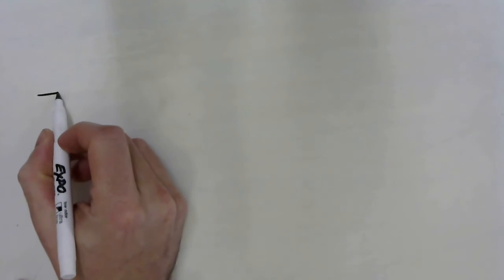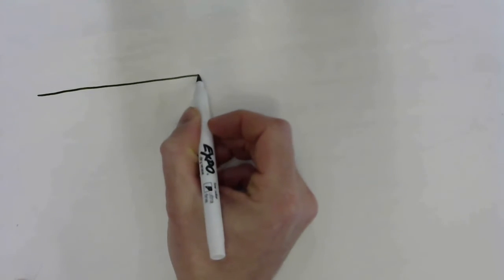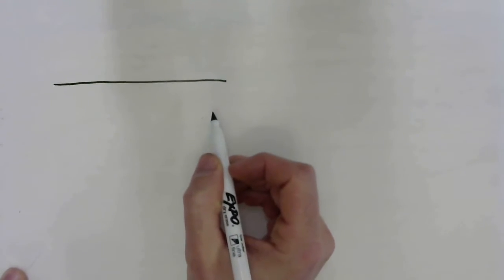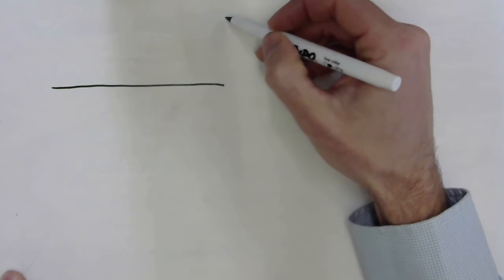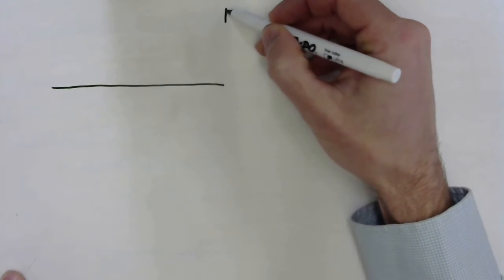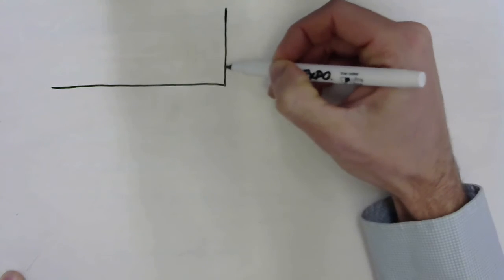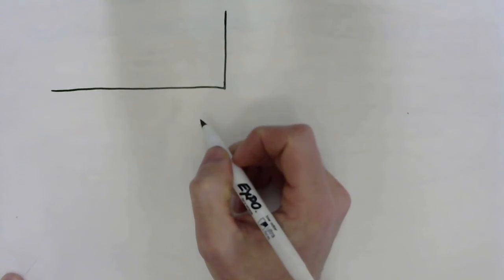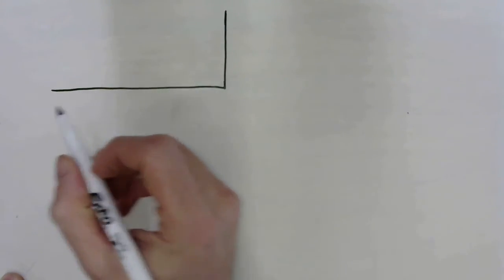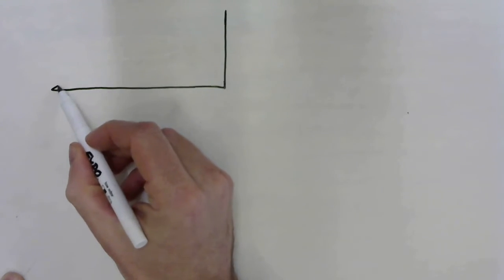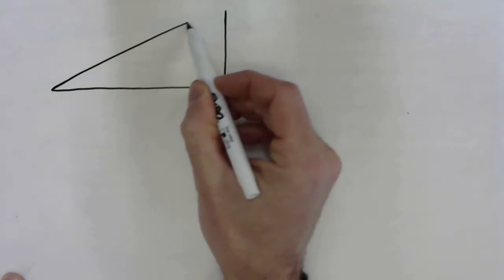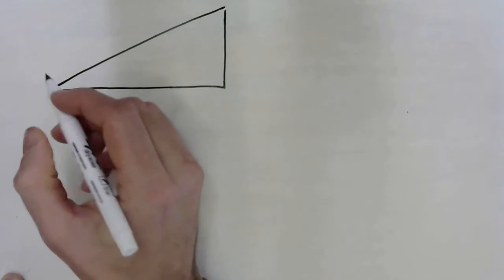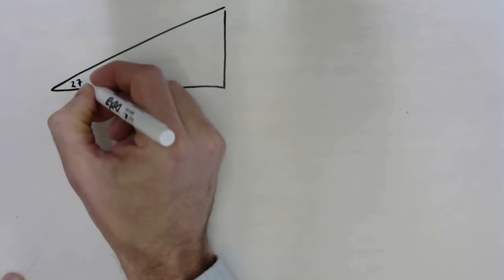All right, I'm going to start with my horizontal boat traveling here. And I'm going to pick a point directly under the bridge because I know I'm going to need some right angles here. This is supposed to be about 27 degrees to the top of the bridge. So that looks good. I'll label that 27 degrees.